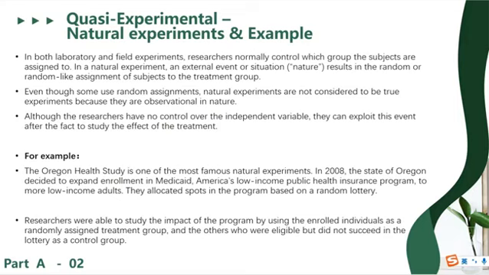In CRISI experimental research, there are many sub-design research methods, such as unequal design, regression discontinuity, natural experiment, and so on. For example, Oregon Health Research is one of the most famous natural experiments.